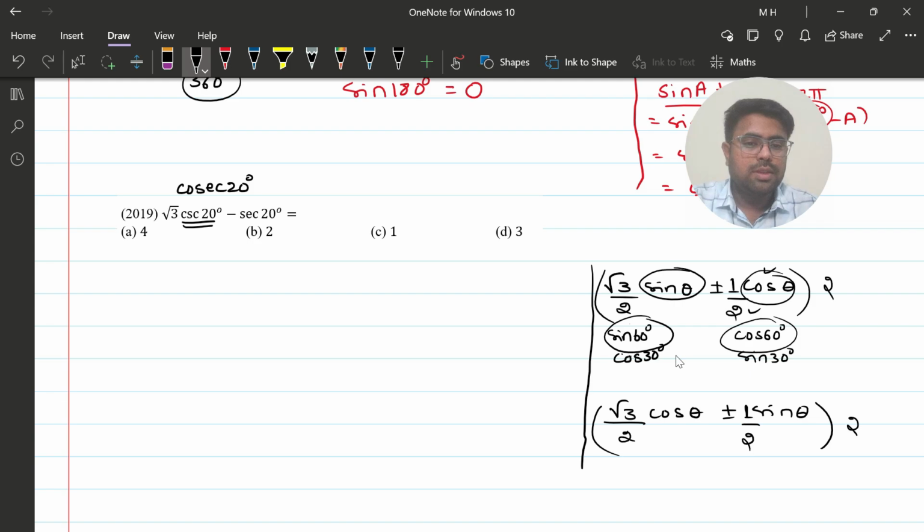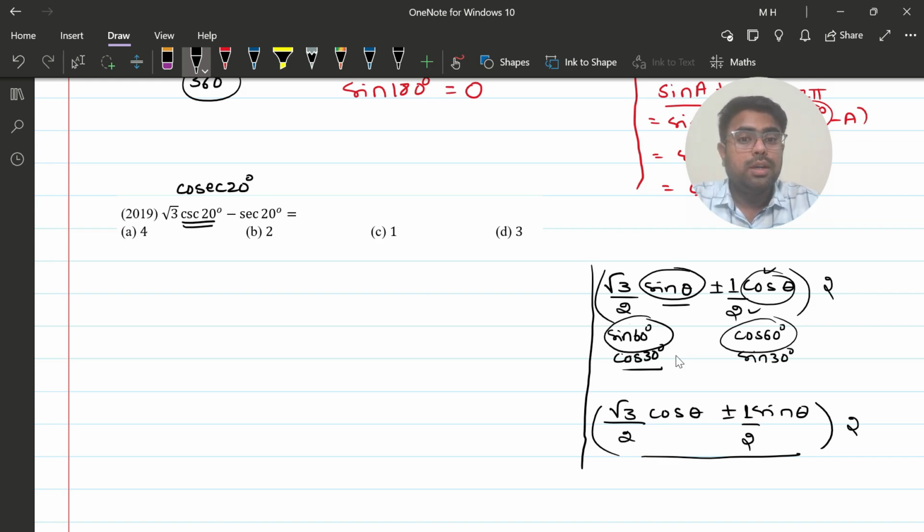Same is the case with cos x sin y plus sin x cos y, which gives sin of x plus y, and similarly sin of x minus y. So if you have sin and cos, you can convert it into sin of x plus y, sin of x minus y, or cos of x plus y, cos of x minus y.